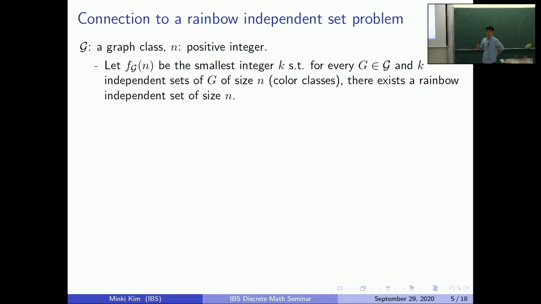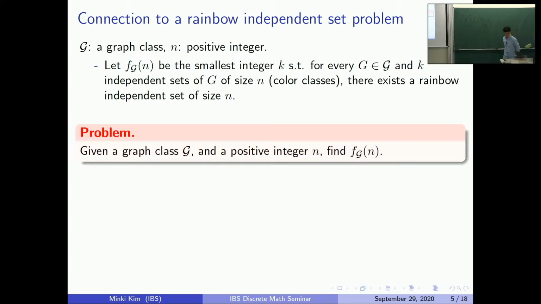Here, a rainbow independent set means it's an independent set, and each vertex is colored by distinct colors. And the problem here is to find this f sub G of n. And I will tell you how this problem and the previous problem are related.